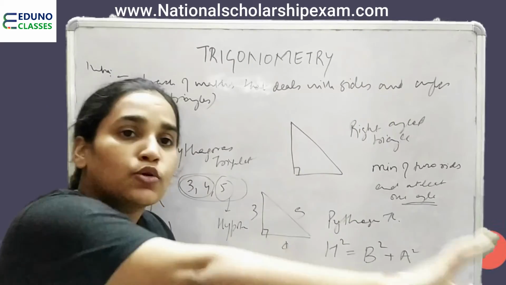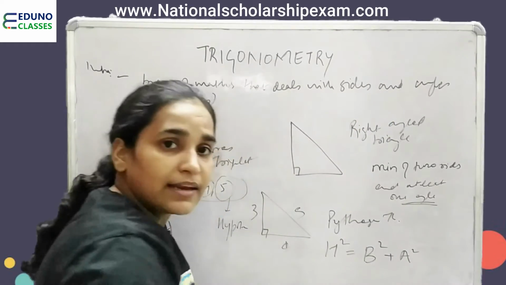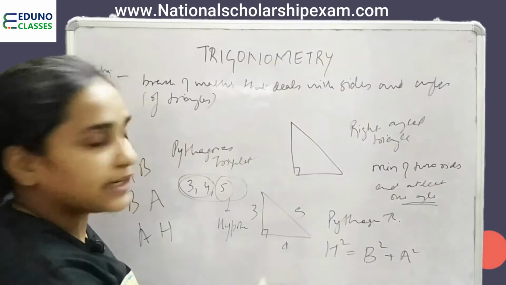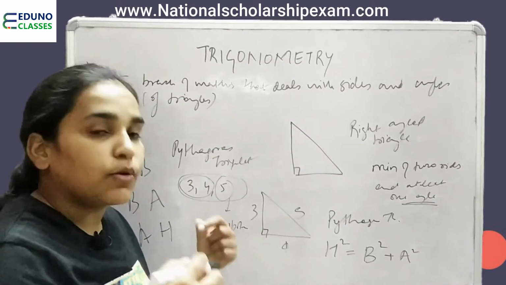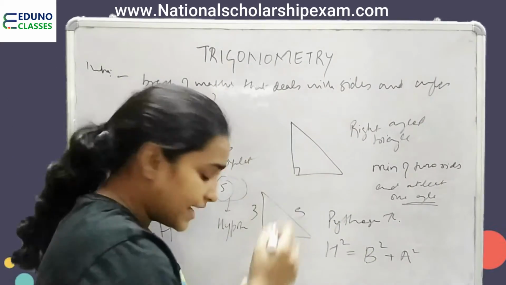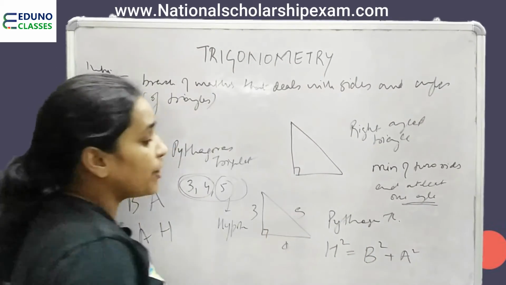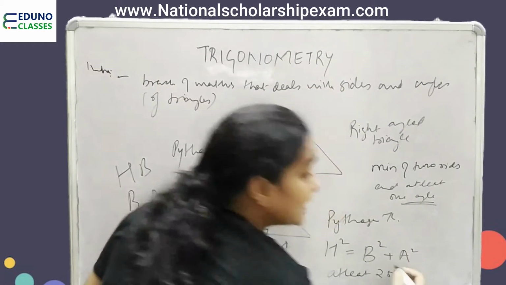So any two sides are known. Can we find the other side as well and make a right angle triangle? So what do we need? When we have to make this right angle triangle, we must be knowing at least two sides, at least.